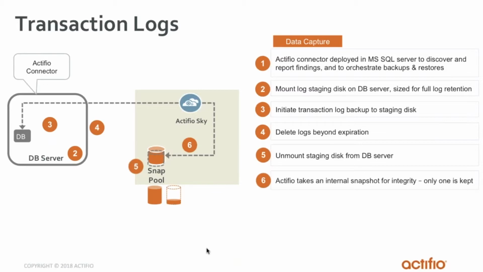Now, this snapshot is for integrity. And what I mean by that is, if you have a job that, say, fails for some reason, well, part of our failure process is to roll back the changes. Well, the way that we do that is by having a snapshot of the last successful job. And we can use that to roll back the full disk to look like the last successful point in time.